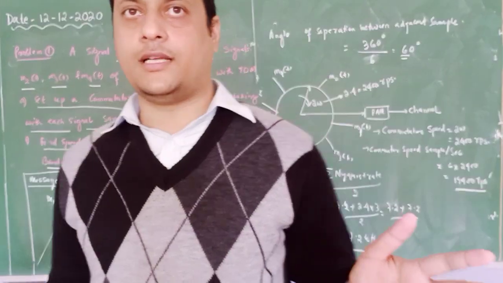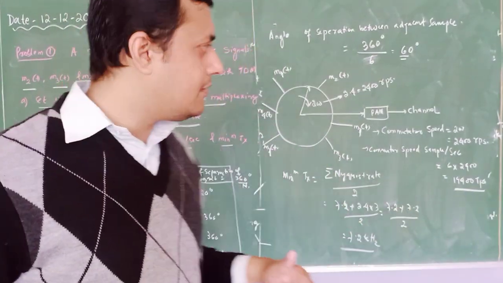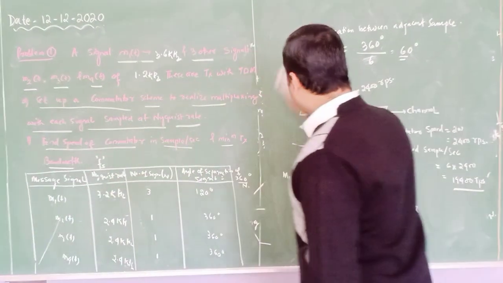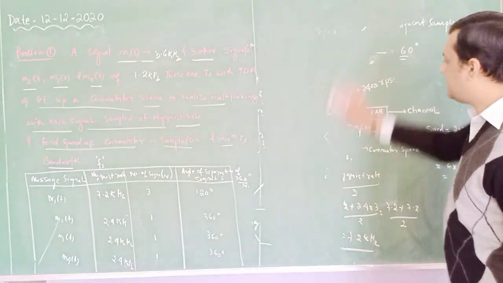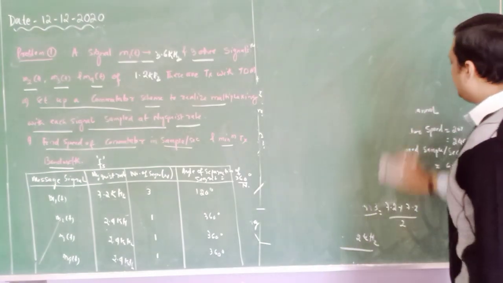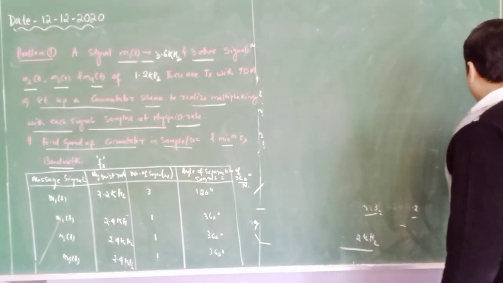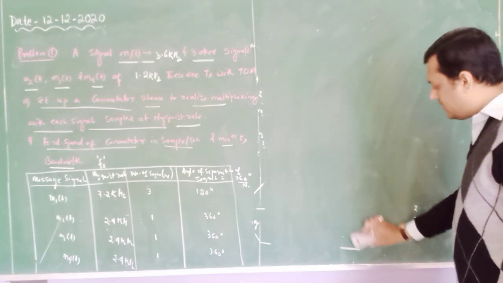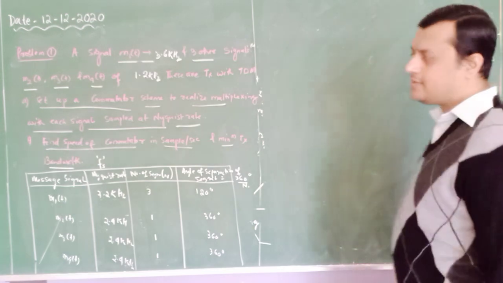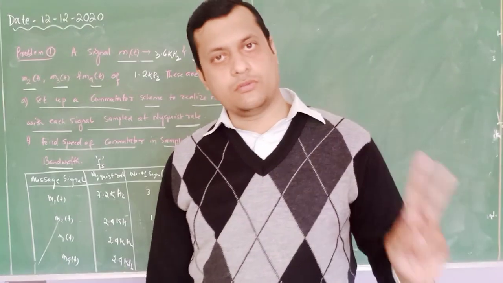So one question I am giving as a problem for you to solve. Consider 3 message signals, with message signal 1 band limited to 4 kilohertz. Okay, and message signals 2 and 3 are band limited to 2 kilohertz.